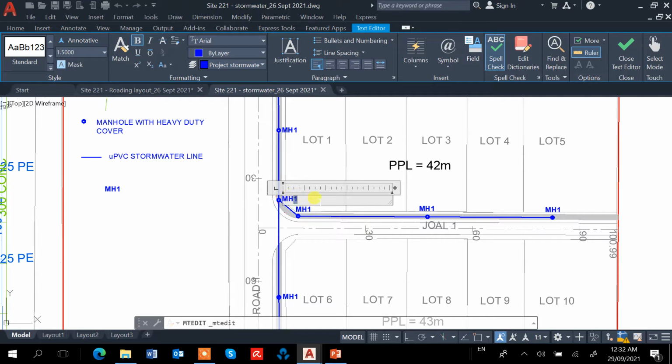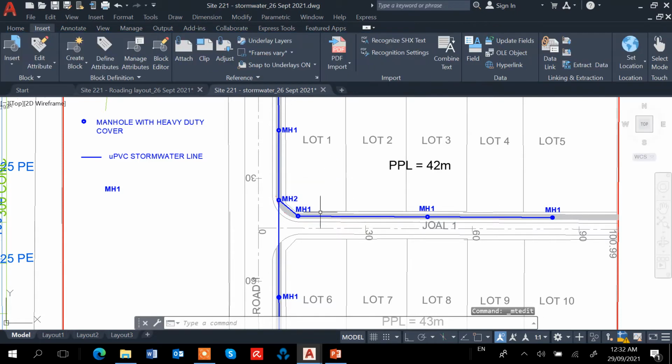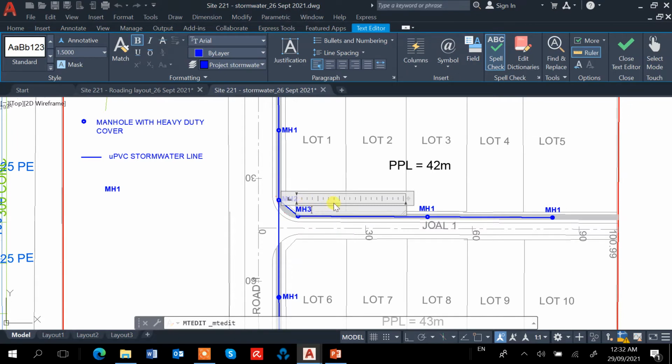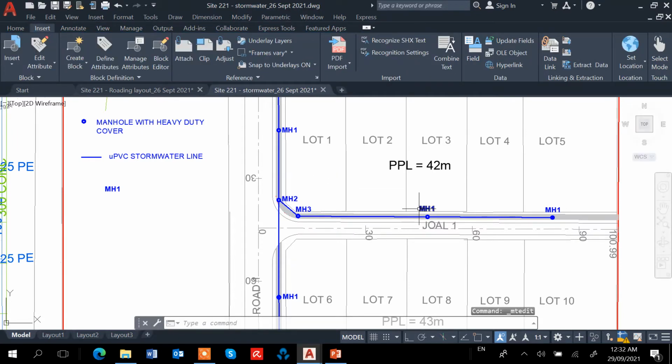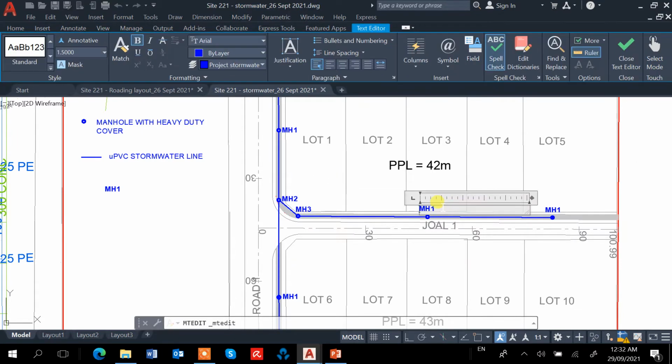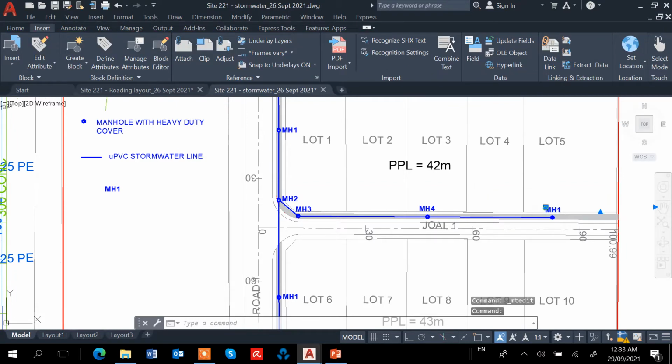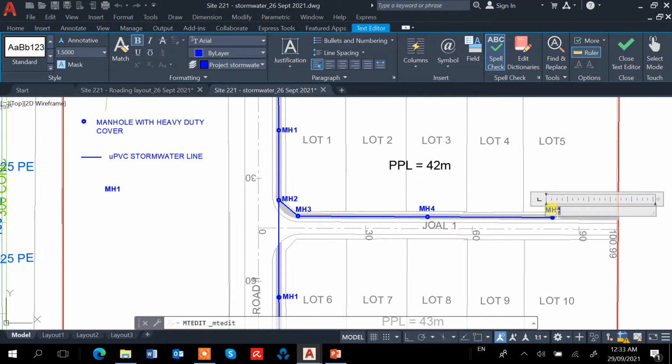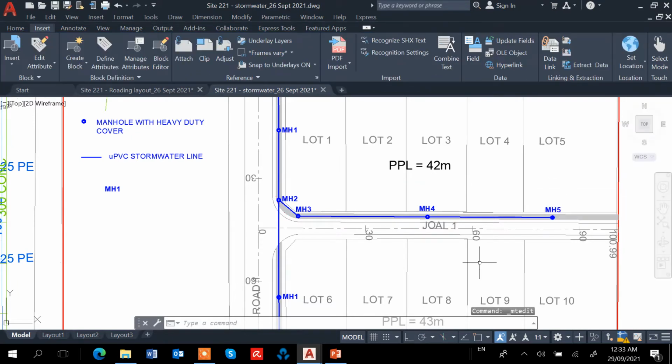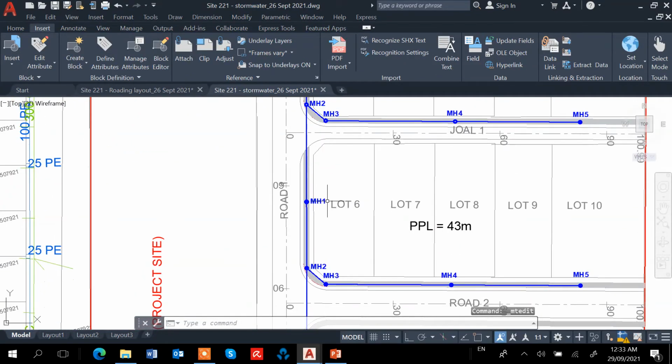Actually, this one's 2, 3, 4, 5. So this is 6.